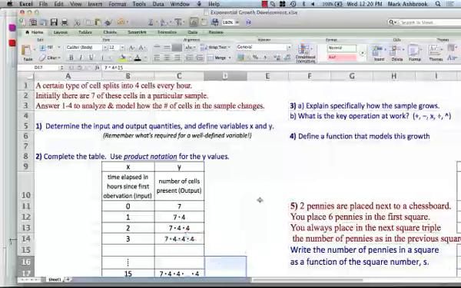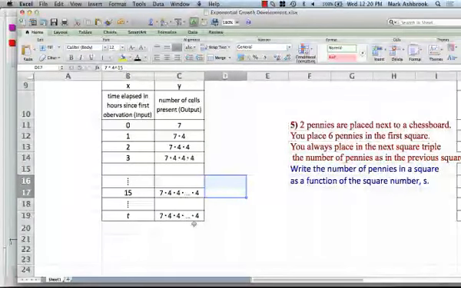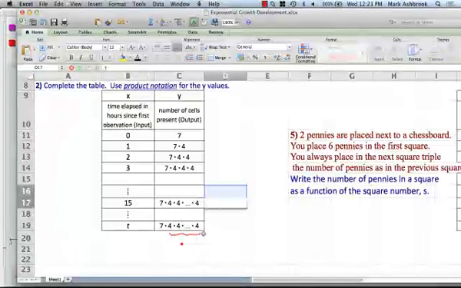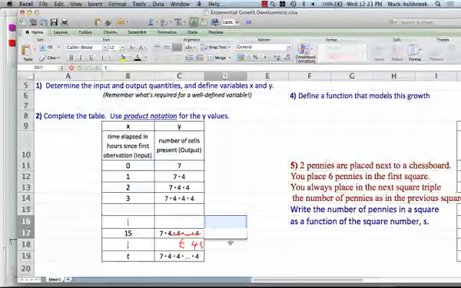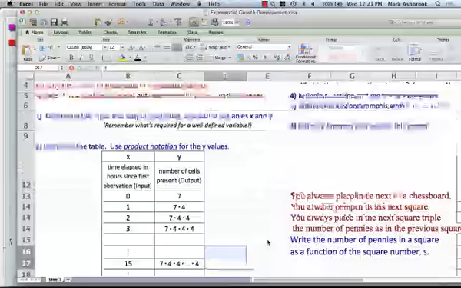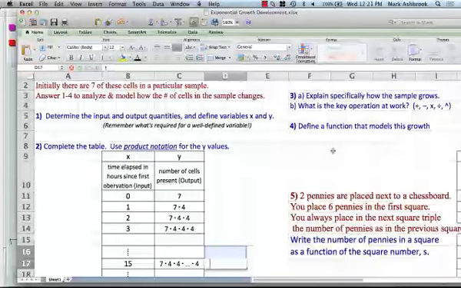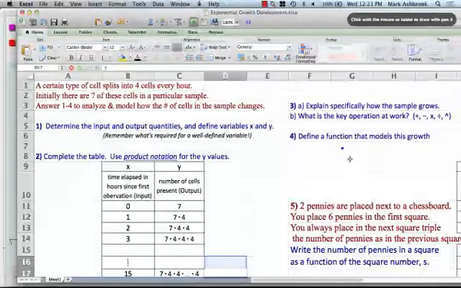All right, so now we want a function. The function comes back to looking at this. After t hours, we know that we have t fours. So we want a function that models this growth. We'll call it f.